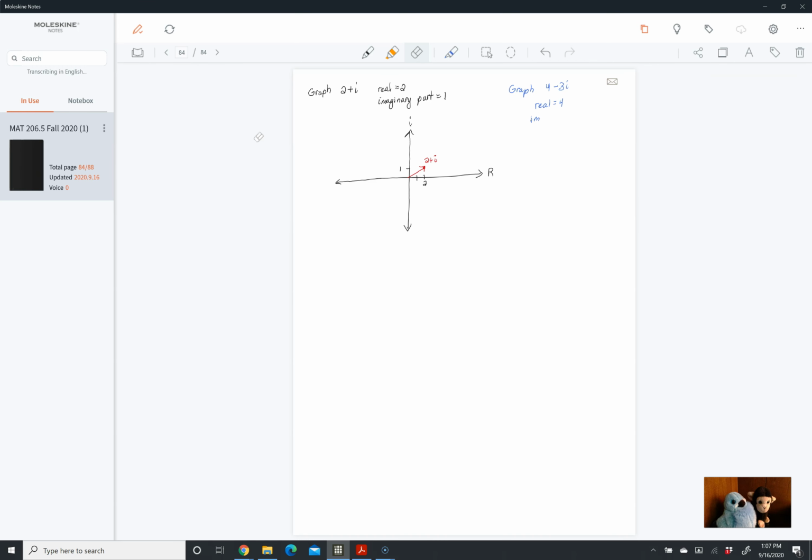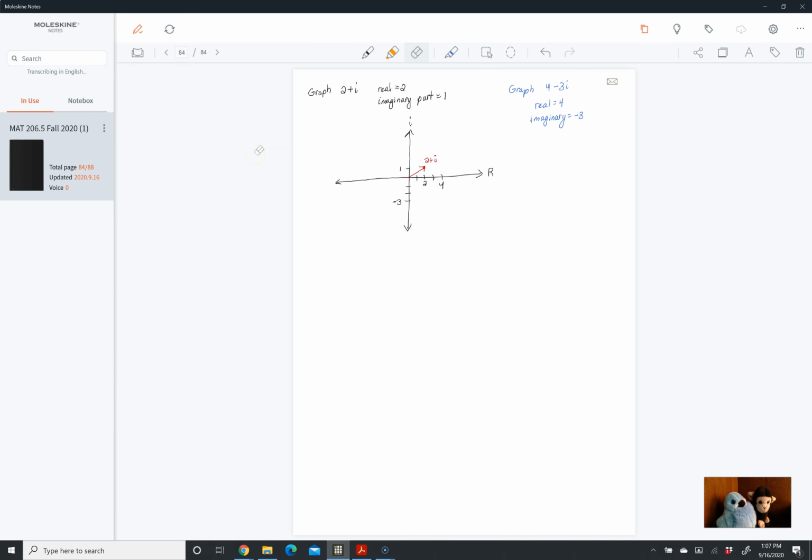Our imaginary part is negative 3. So if we want to plot this point, we're going to go over to 4 on the real axis and down 3 on the imaginary axis. So it's just like a coordinate. It's very similar.